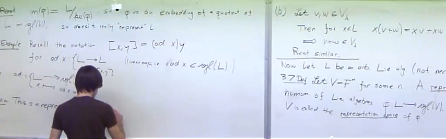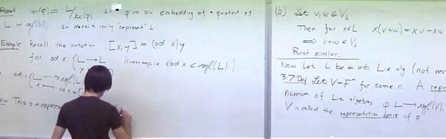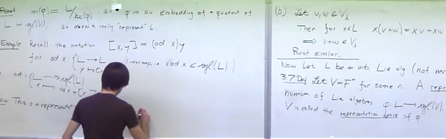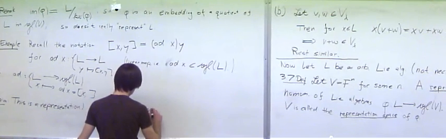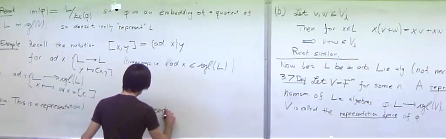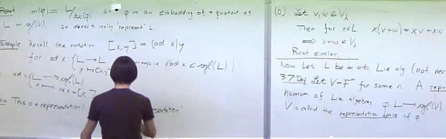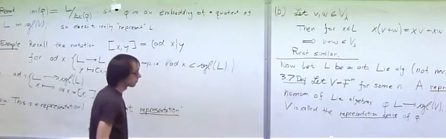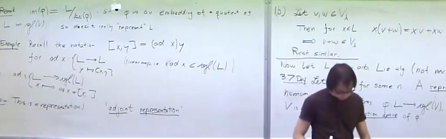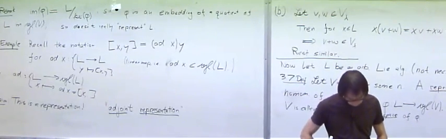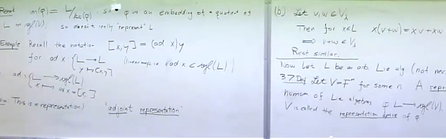It is called the adjoint representation. But let's prove it.